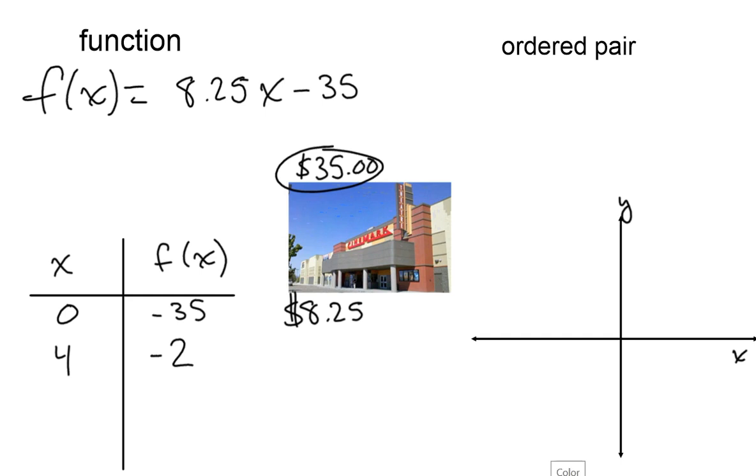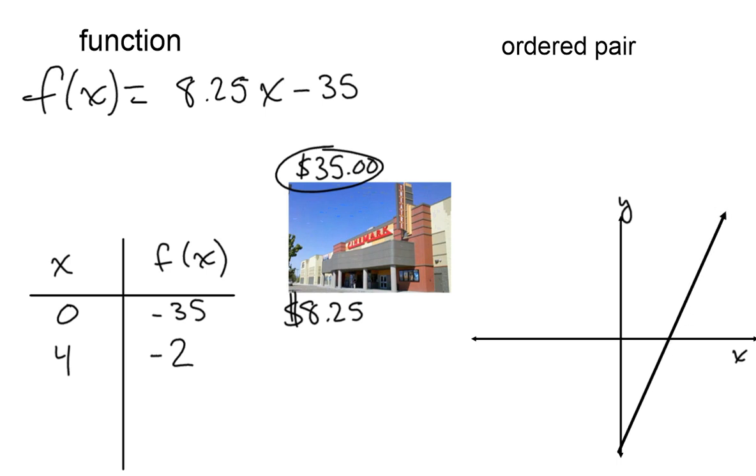When we plug in x as 0, we are way down here at some number like negative $35. And at a certain point, like when x equals around 4, we're still in the negatives. We're still at negative 2, and at some point we burst past that.